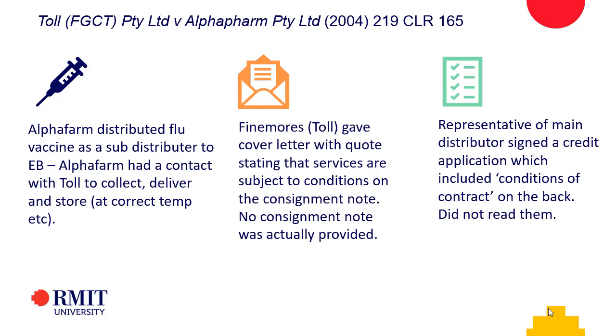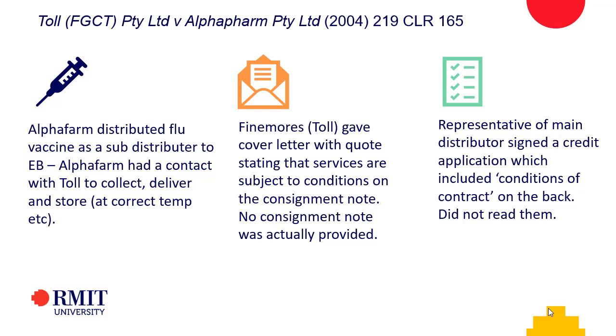Then one of EB's representatives went and signed a credit application which included some conditions of contract on the back. So this is a credit application with Fine-Moores. So effectively what EB was saying is, we want to use your services in advance. We need credit to do that.